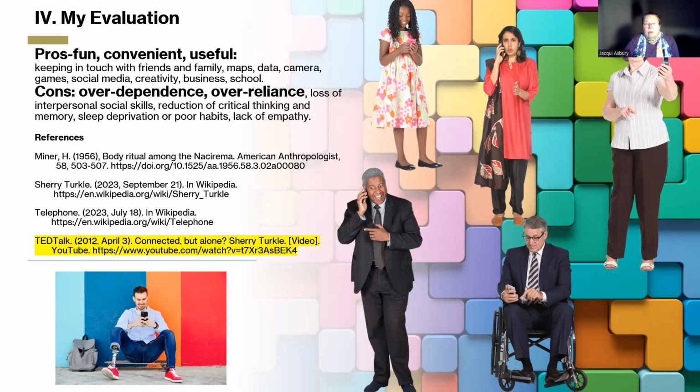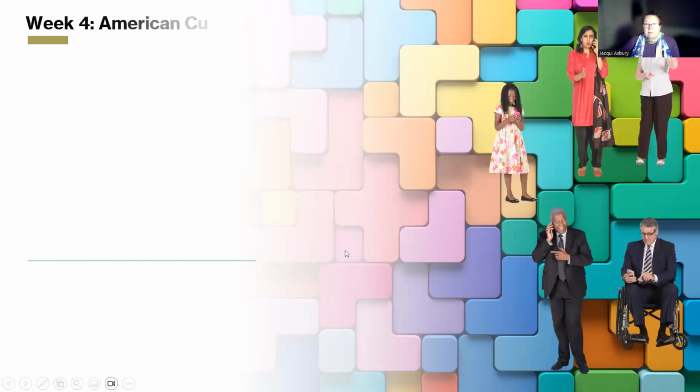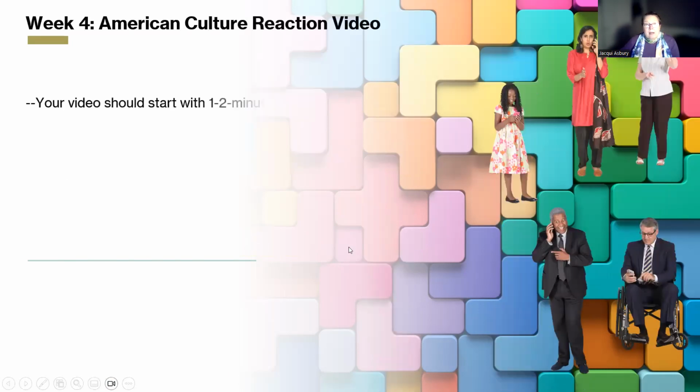Sleep deprivation, poor habits of health and hygiene. And Turkle also discusses the lack of empathy in her books and in her videos. Yes, the cell phone's wonderful, but it's not perfect. There's definitely a downside. So that's my American culture reaction video.